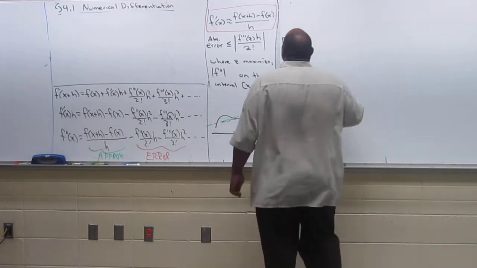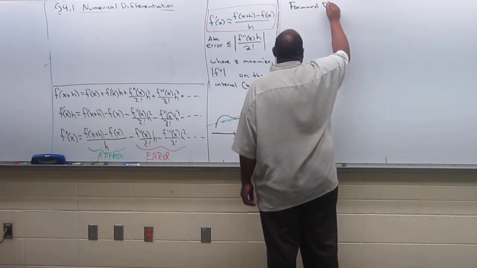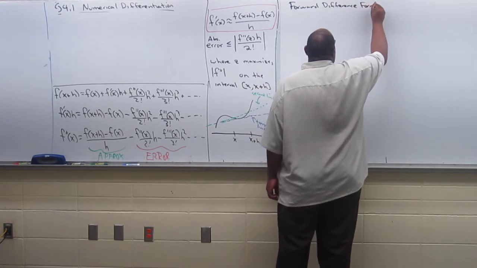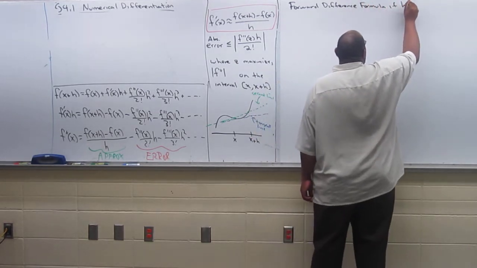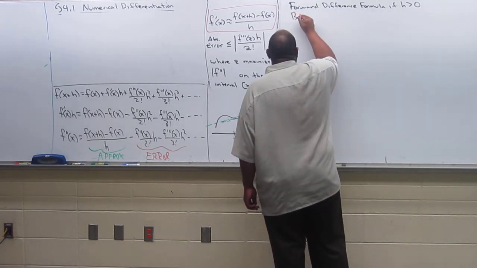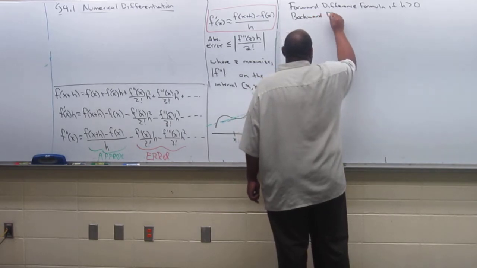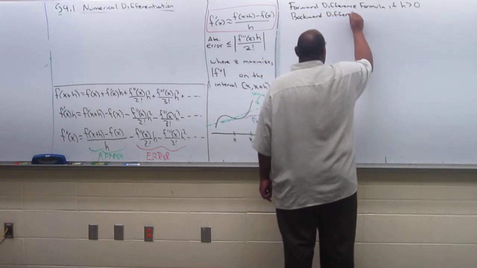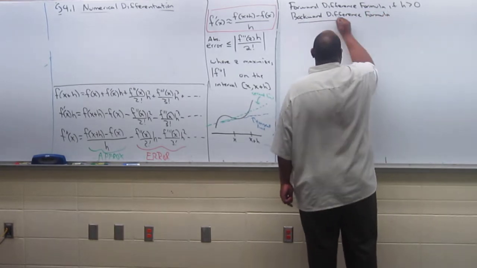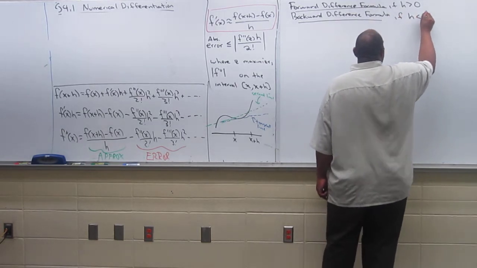So let's give it a name. We call this the forward difference formula if h is greater than 0. And we call this the backwards difference formula, this formula that we have right here, if h is less than 0.